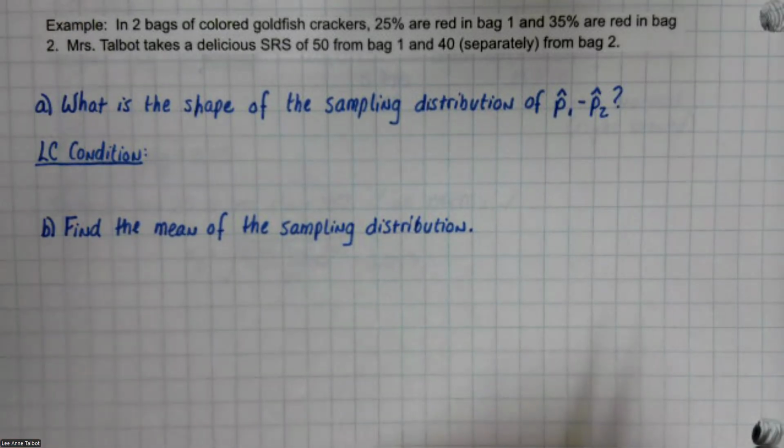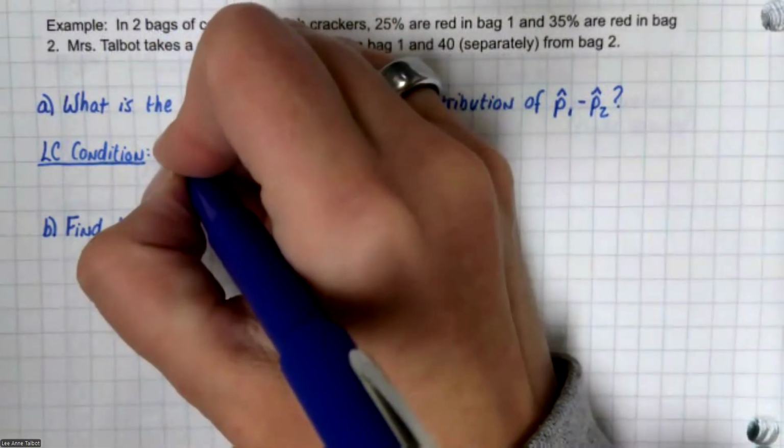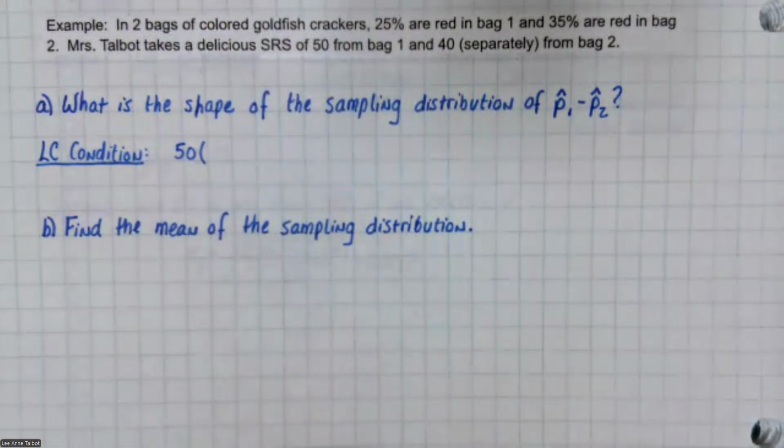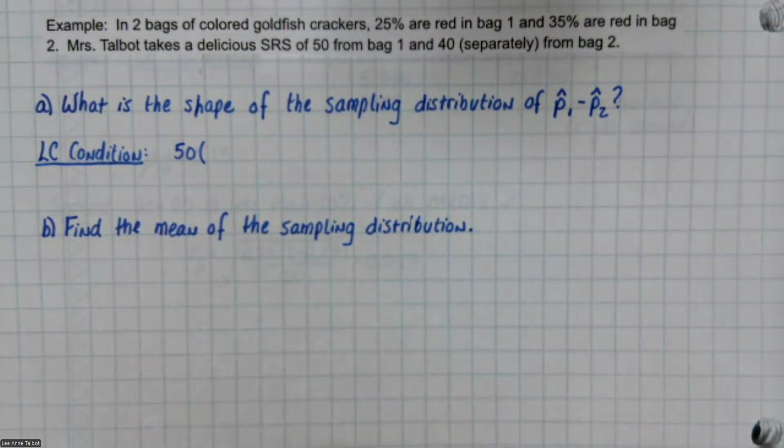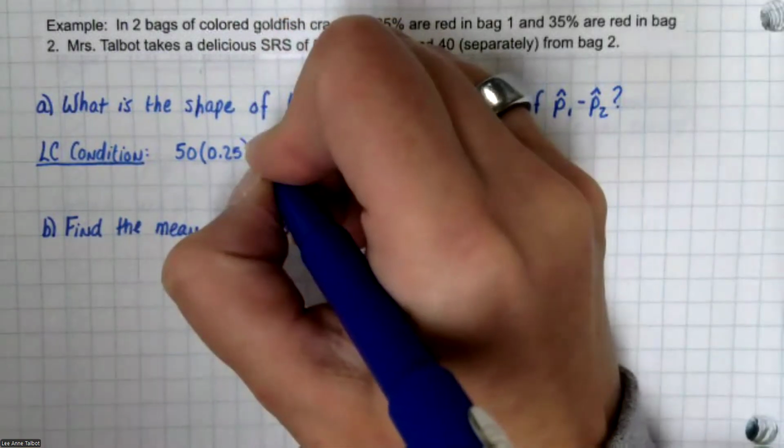Okay. So for bag 1, what is N? Bag 1 of goldfish. What's N? 50. And what is P?